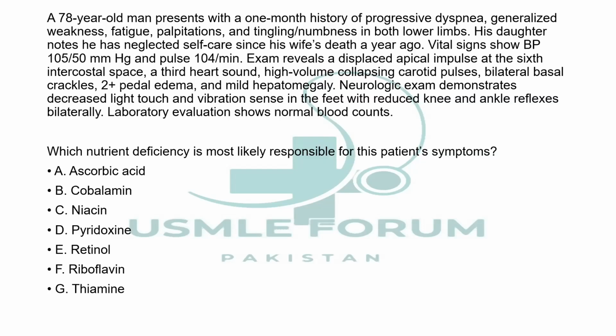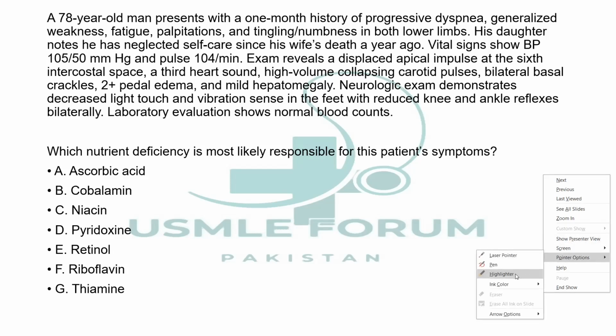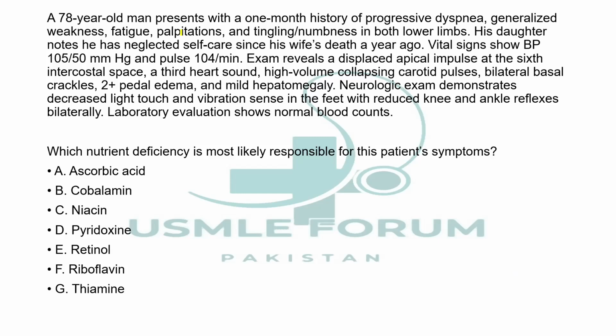So, a 78-year-old man presents with a month-long history of progressive dyspnea, generalized weakness, palpitations, and tingling and numbness in both legs. His daughter notes he has neglected self-care since his wife's death a year ago. Vital signs show blood pressure 105 over 50.